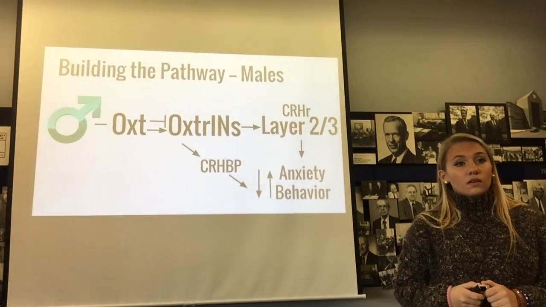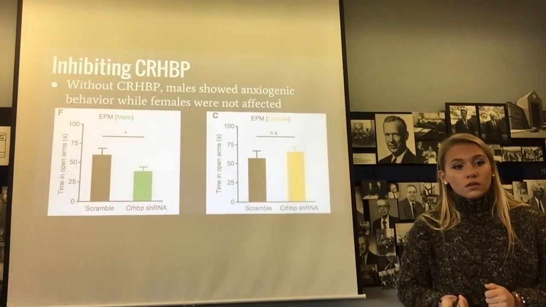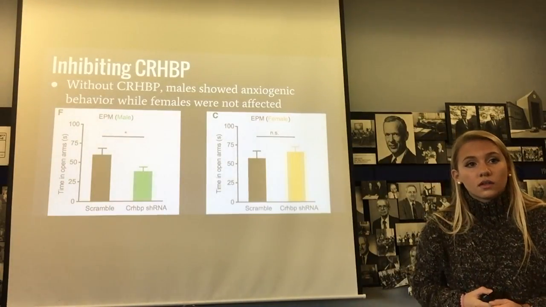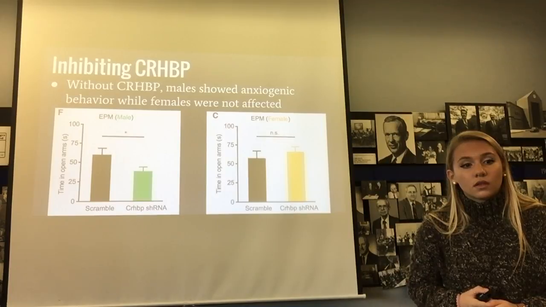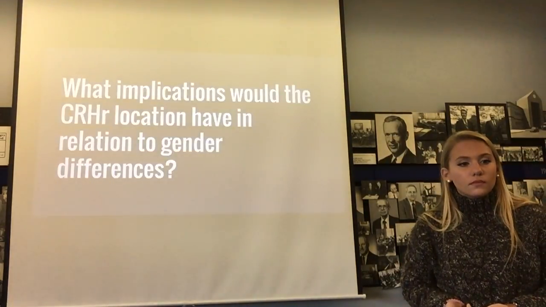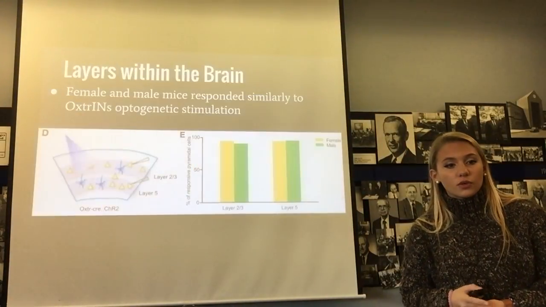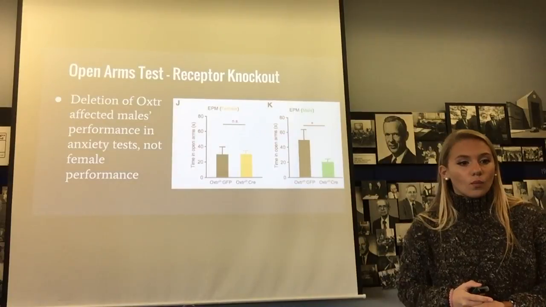Yeah? What's the difference between that selection of graphs and the one before with the open arms? Say again? What's the difference between these graphs and the ones that we had before with the open arm anxiety change? Yeah, these ones.